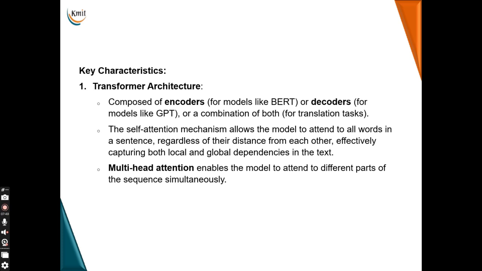See, local and global dependencies. Suppose I am trying to say, I am writing my exam paper with my pen which my dad bought, right? So I am using the word my in multiple locations.